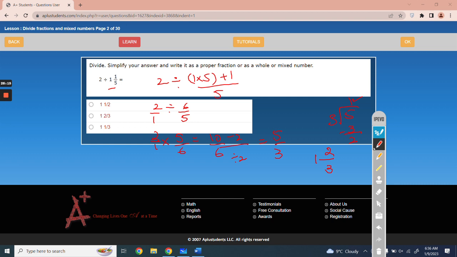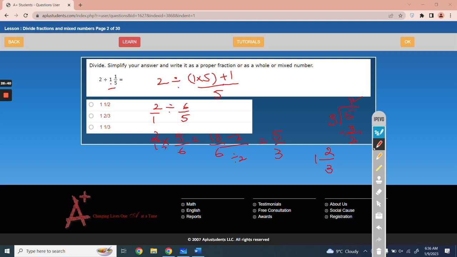Got it, everyone? Just convert the mixed fraction to the improper fraction. Replace the division sign with multiplication. Multiply the numerator to numerator and denominator by denominator. So it would be 10 over 6. Look for a common number. The common number is 2. It is 5 over 3. You have to write the answer as a mixed fraction.